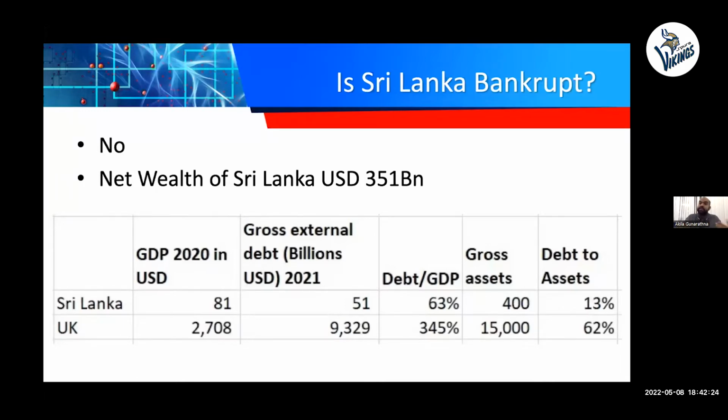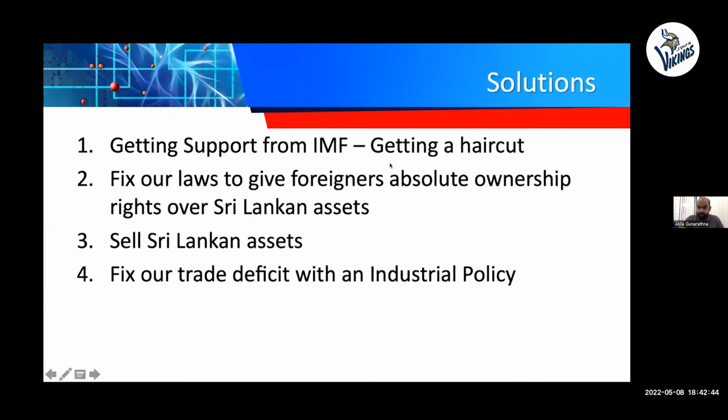Bankrupt means you don't have assets even. If we sell all these assets, we have an excess. I'm not asking to sell, but if we sell these assets, we can settle all this debt. But I'm not asking to sell because that's against the rights of Sri Lankan people. You don't like to sell Sri Lankan assets.